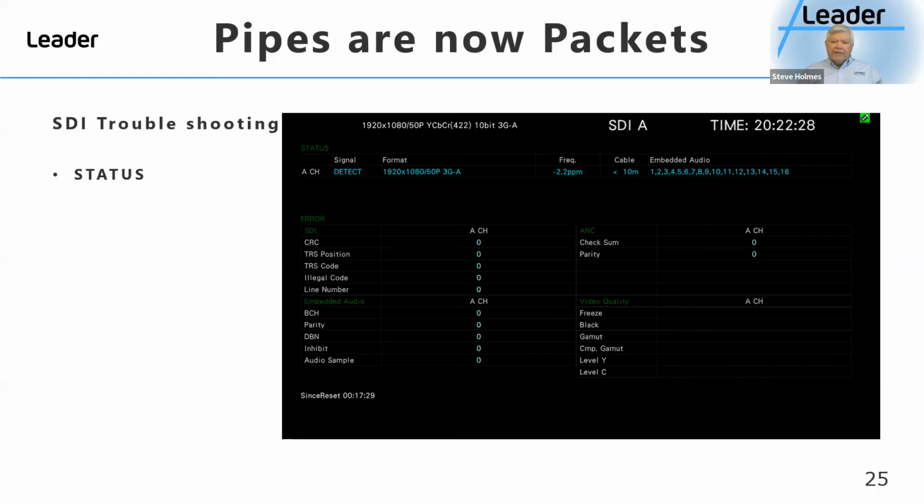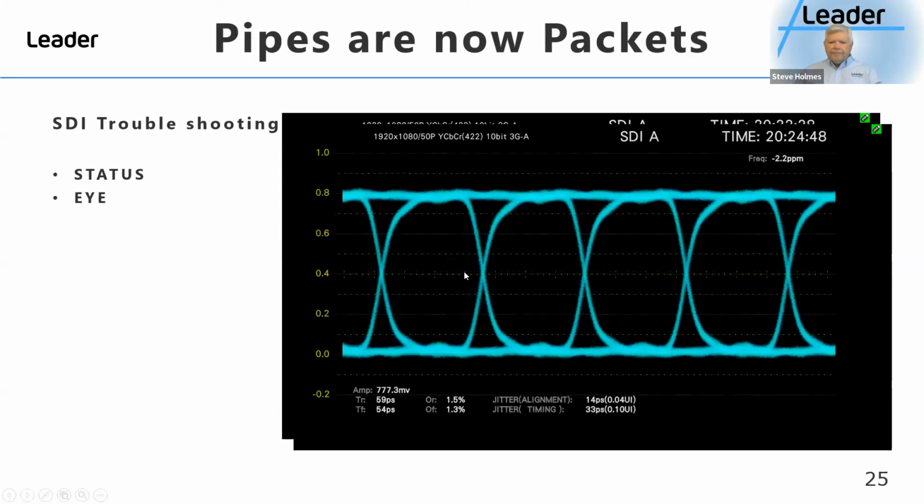So we've got conventional status displays that we've used forever. We're used to looking at CRC errors, TRS positioning, TRS code errors, line number errors, looking at the physical layer in our SDI, looking at I patterns to know that our SDI transmitter is performing how it should, looking at how open our eye is and the jitter that we have on the system to make sure it is recoverable at the end of the coax.